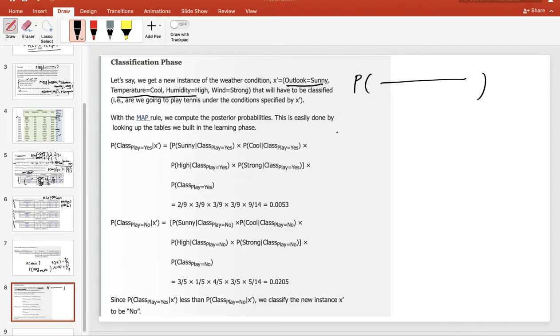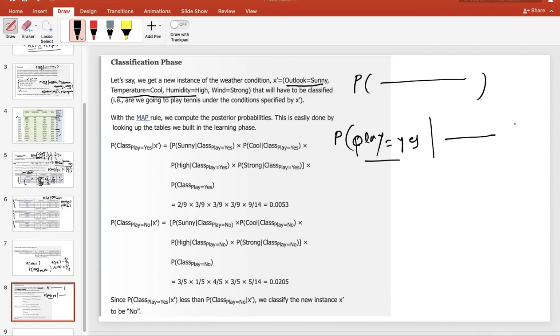This is nothing but the probability of the class, probability of play equal to yes given these weather conditions.